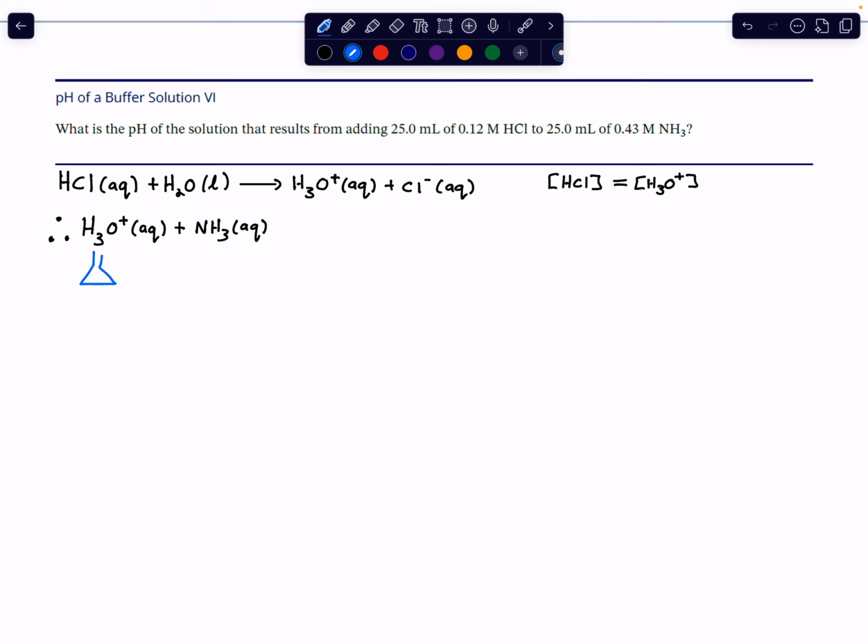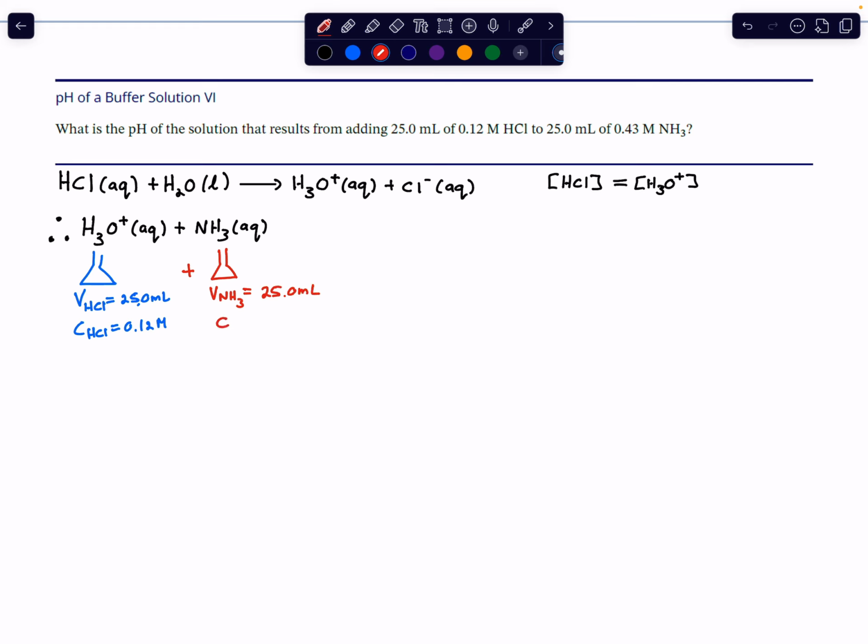So this is our volume of HCl, which is 25.0 milliliter, and it has a concentration of HCl which is 0.12 molar, and we add that to a different beaker, right, which has a volume of NH3 equal to also 25 milliliter.